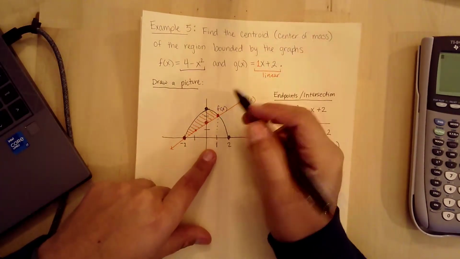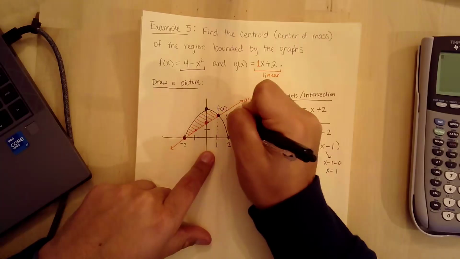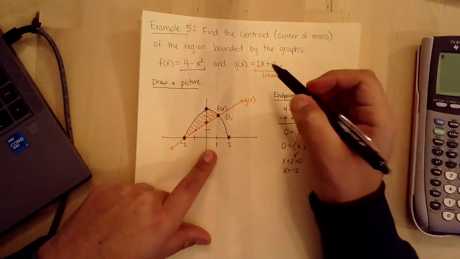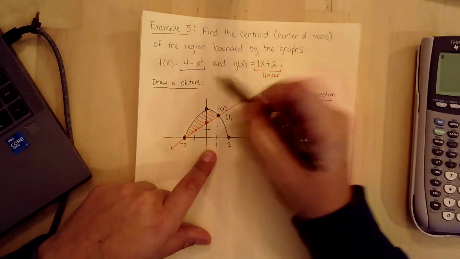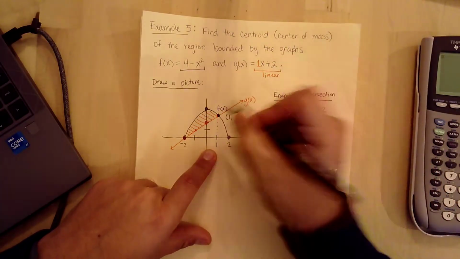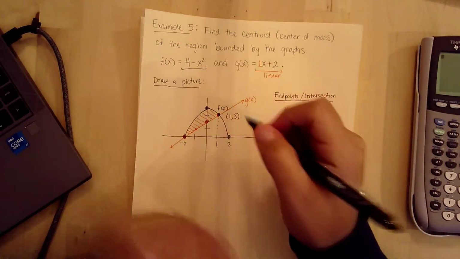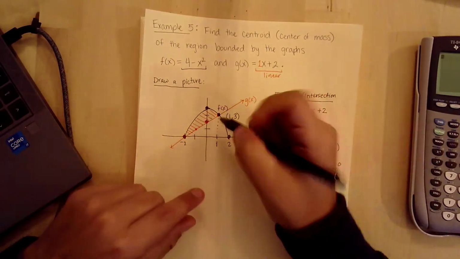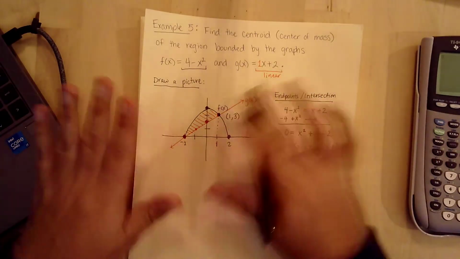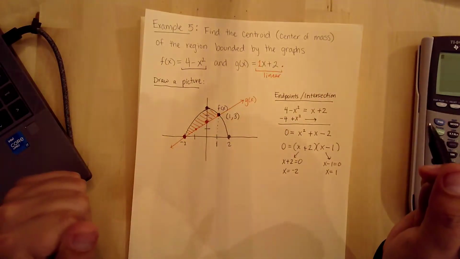So this intersection point right here has an x value of 1, and if I plugged 1 into either of the functions, it doesn't matter, I would get 1 comma 3. Okay, for this intersection point. So that's -2 comma 0, 1 comma 3, just so we can get our lay of the land here.